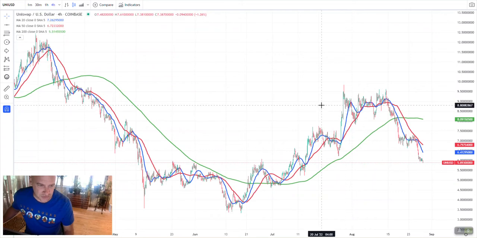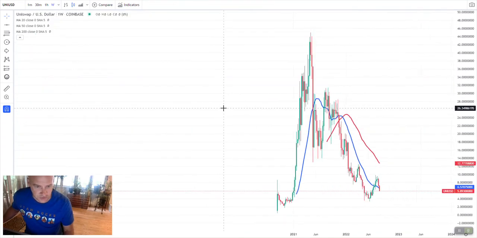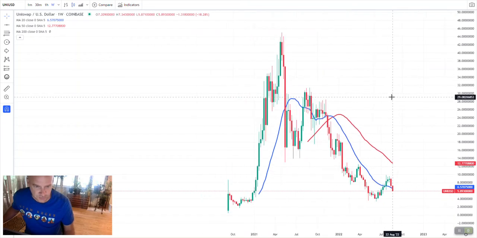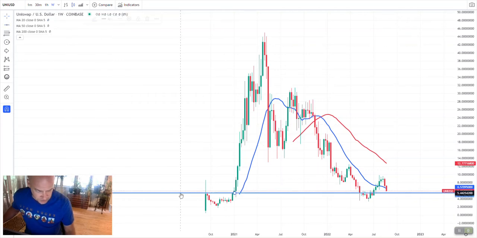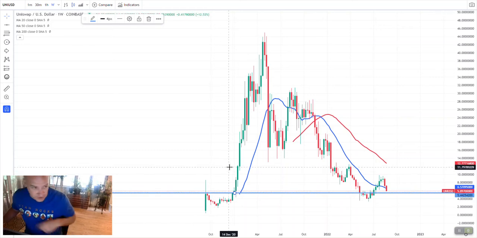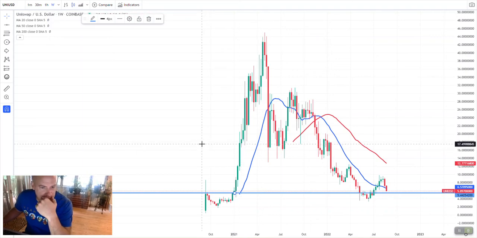So let's go ahead and look at what's going on in this action. If I zoom out to the weekly, we see something similar, a pretty severe downtrend. What a lot of these Wave 2.0 cryptos are doing, though, is reaching their old prior support from the fall of last year, when they were initially launching on big exchanges like Binance.